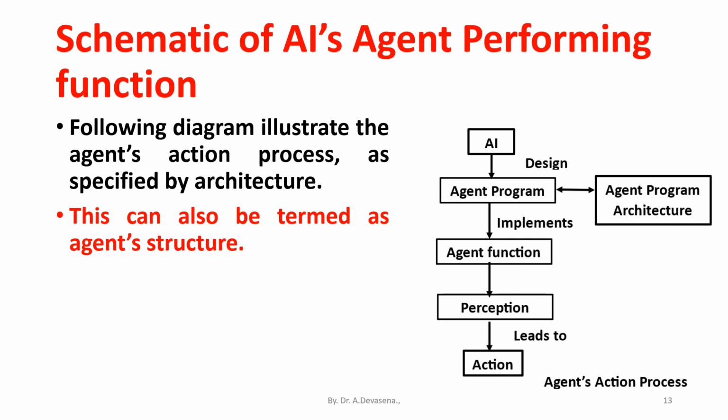In AI, first we have the design, then the design is given to the agent program. Agent program is linked with agent program architecture. The agent program implements the agent function. Agent function provides the perception. The perception leads to the action. This is represented here.